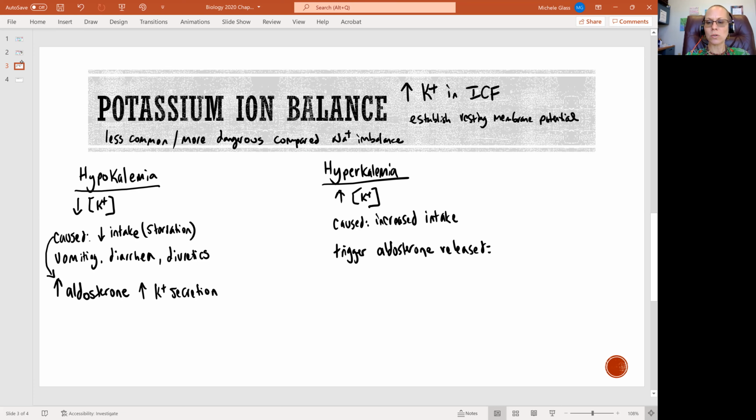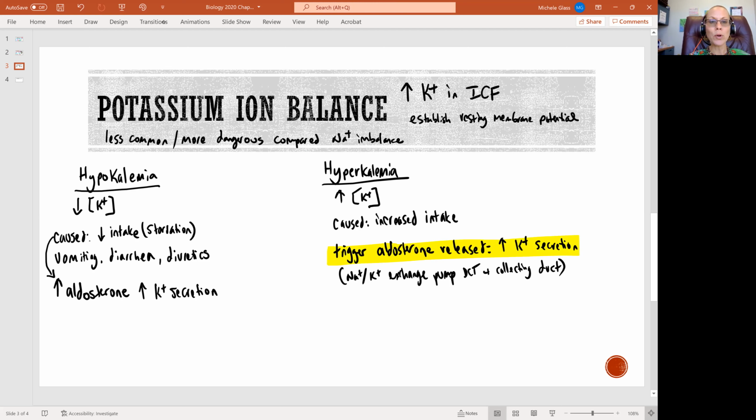That is going to increase potassium ion secretion. Remember here, we've turned on the sodium potassium exchange pump at the DCT and the collecting duct. And so here we're using aldosterone to get rid of the extra potassium.